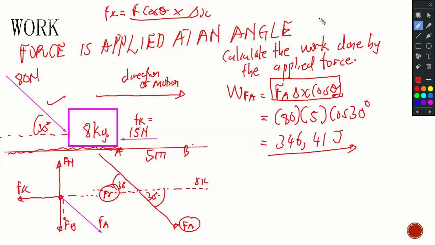Okay, but it is very important to note that that theta of 30 degrees only applies to the force applied, right? It's only applicable to the applied force. What do I mean by that?